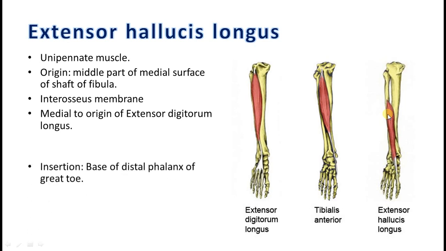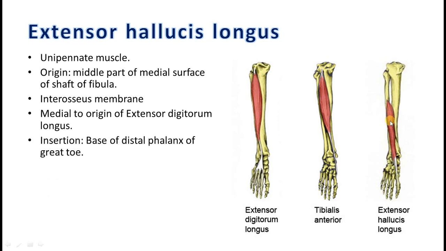Then it passes downwards deep to the retinacula. Here you will be able to see the superior and inferior extensor retinaculum. The retinacula are modifications of the deep fascia present around the foot.